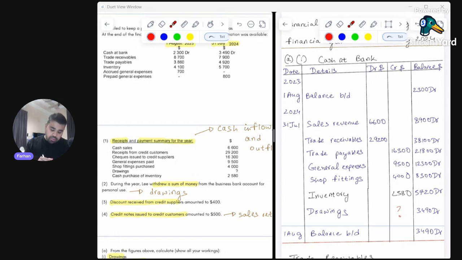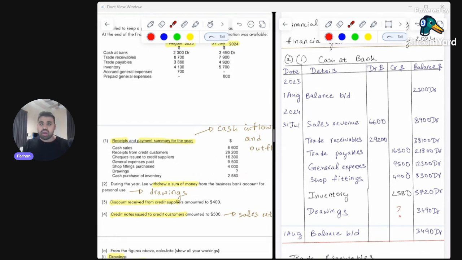Now, the next item we have got is the drawings, which is something that we don't know and we have to figure it out for ourselves, but we'll be doing this at the end of this account. The next item after drawings is the cash purchase of inventory, which is $2,580 that we have spent. So again, you're spending money to buy inventory.